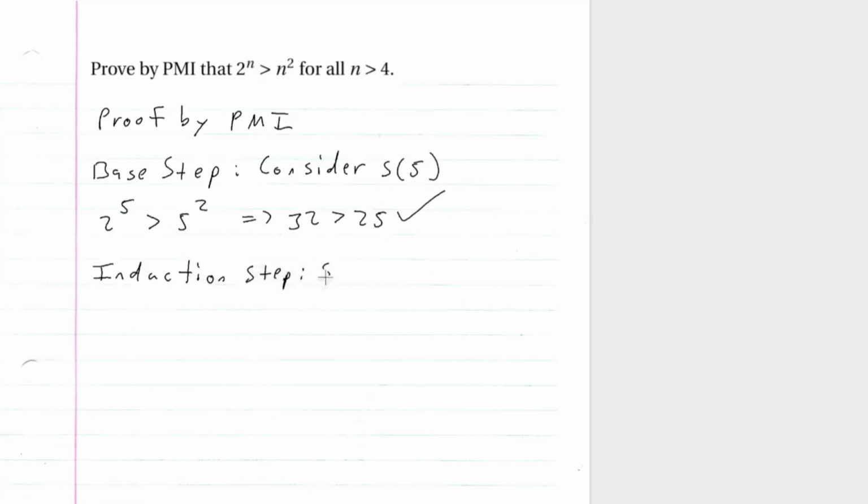Okay, so we're going to suppose S(k) is true for some k contained in the natural numbers where k is bigger than 4.